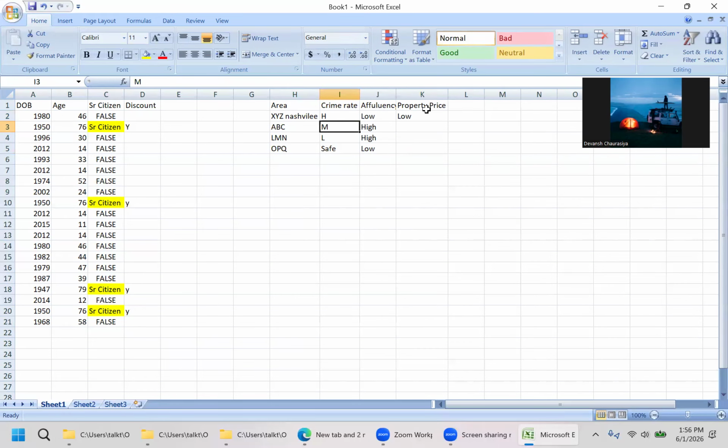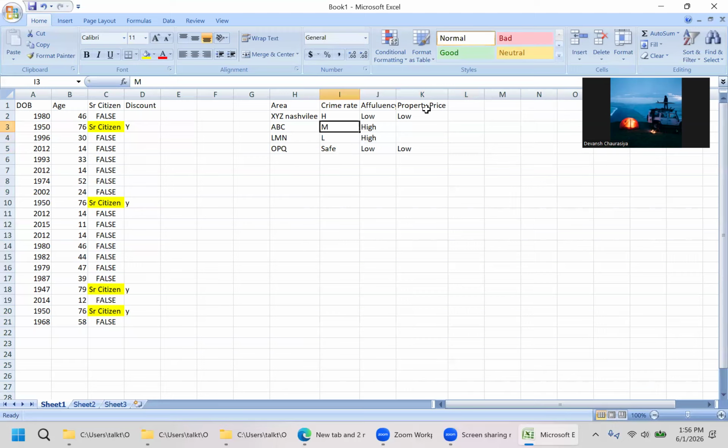If the crime rate is medium, affluence is high, I'll leave that here. Here everything is safe, but the affluence level is very low. So again I can't charge much. If it was not low, I could have charged a high premium because there's extremely little crime here, right? The problem is it is low and I can't charge a high price. I can only charge a low price.